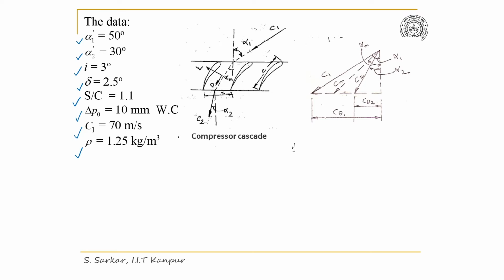Now it's a compressor cascade, so as the flow passes through the blades, it will decelerate. So C2, the exit velocity, must be less than C1.